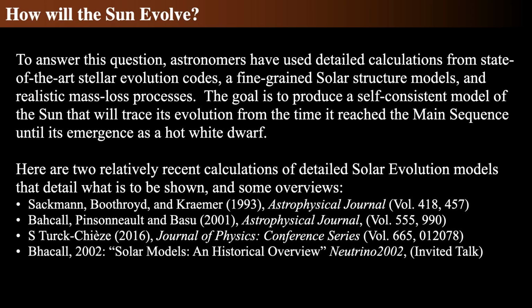So how does the Sun evolve? Researchers use computer codes to create models using those equations that I showed you in a previous lecture for stellar interiors, hydrostatic equilibrium and stellar structure.